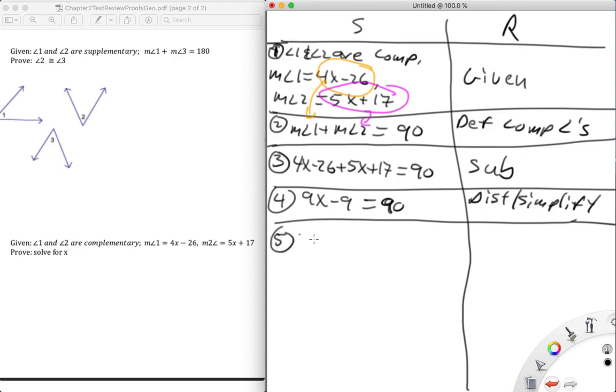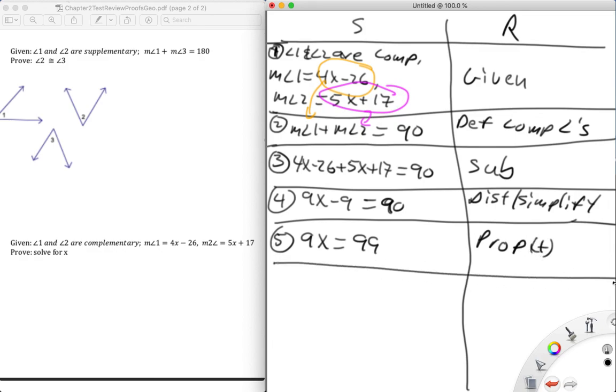I can add 9 to both sides, and I can say that 9x is equal to 99. Addition property of equality. And lastly, I can say that x is equal to 11. Division property of equality.